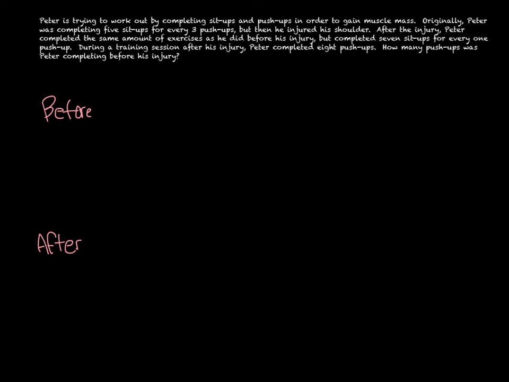So if we start with the before, if we go back to the problem, it said originally Peter was completing 5 sit-ups for every 3 push-ups. So if we label our tape diagram with sit-ups and then push-ups, our ratio, because we're looking for that for every, says that he was completing 5 sit-ups for 3 push-ups.